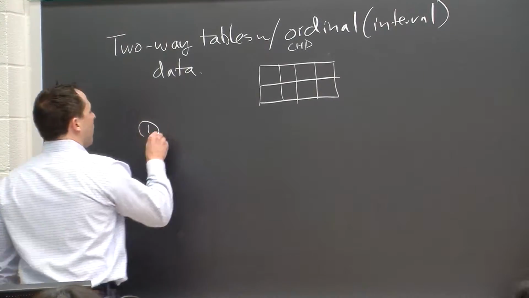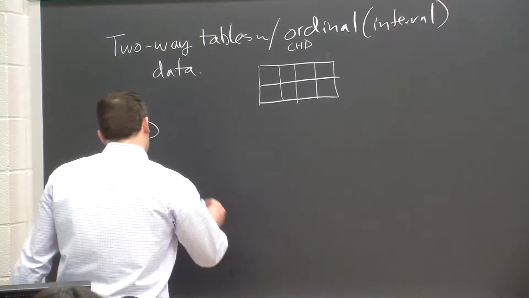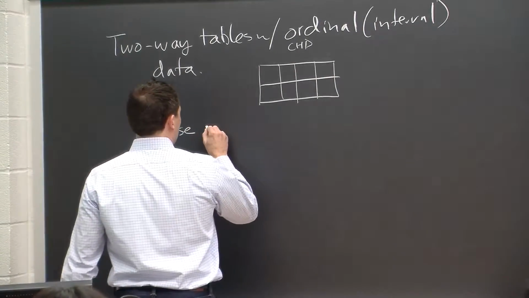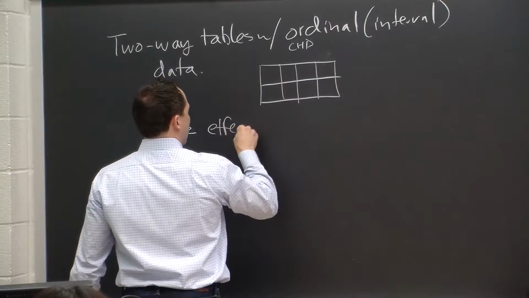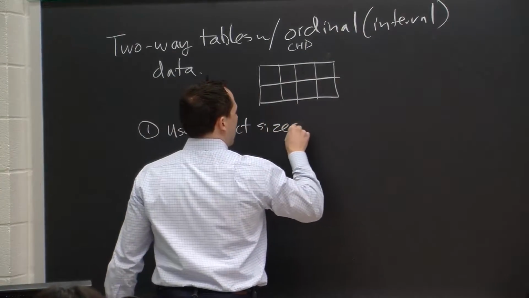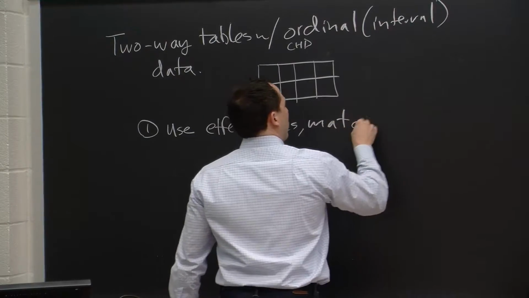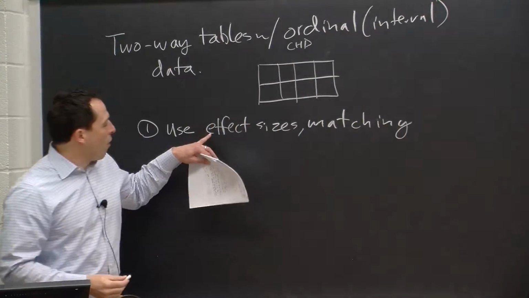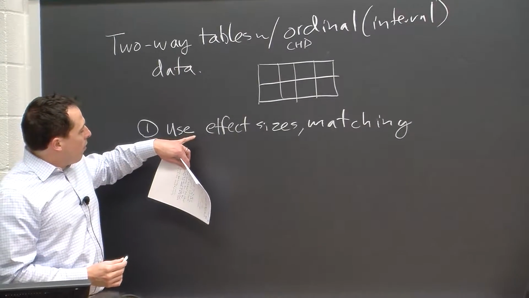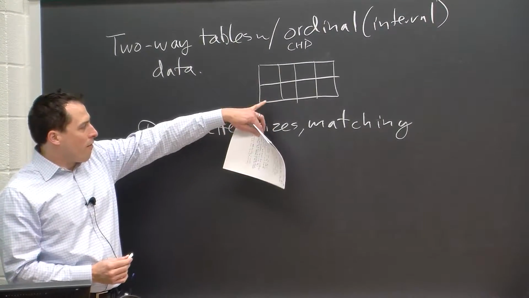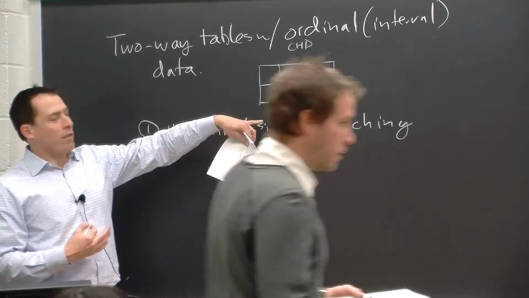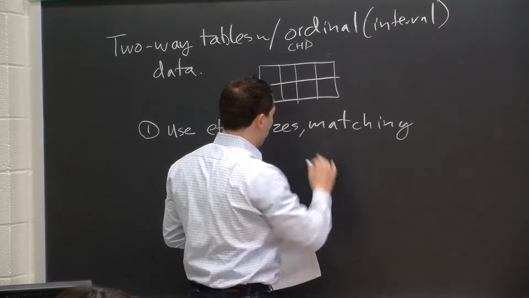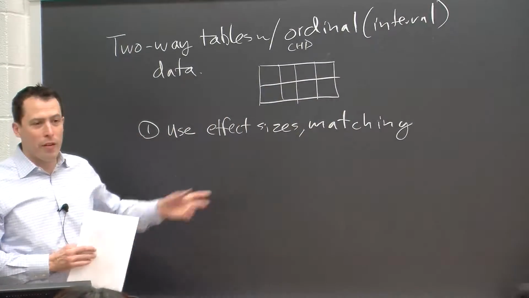So approach number one is the one we saw last time, which was to use comparisons or effect sizes. When we study effect sizes, we know that though there are many effects that we could measure in the table, in this case 4 choose 2, there are fewer than that degrees of freedom.